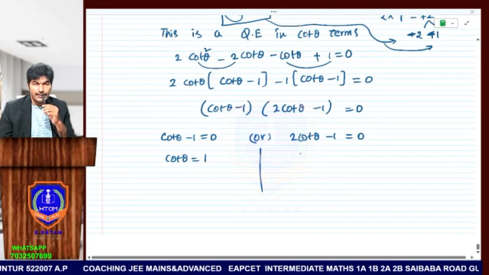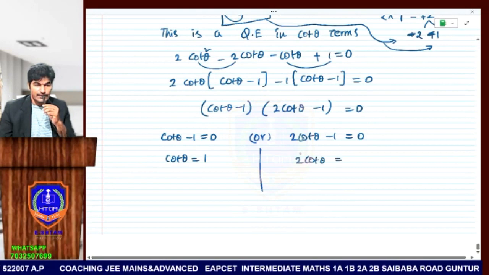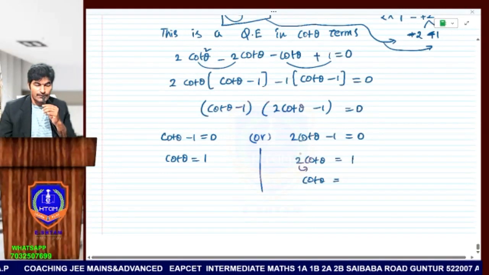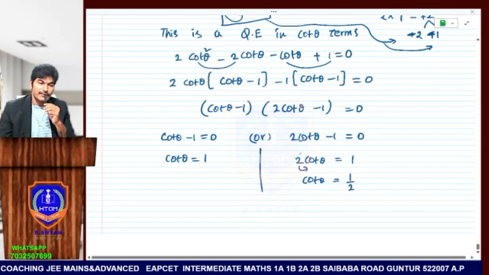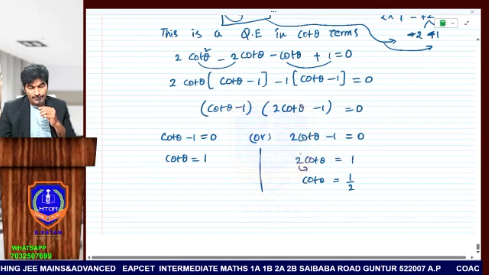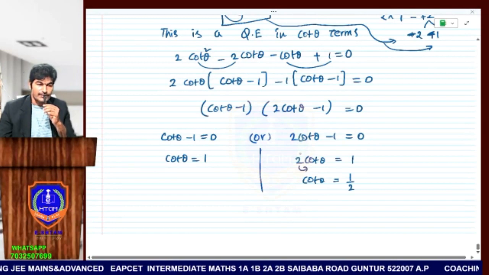And if 2 cot theta minus 1 equal to 0, then 2 cot theta equal to, move this minus 1 to the right hand side, then it is plus 1, and cot theta equal to, you can send this 2 to the other side. Actually, it was in multiplication. If you are sending it to the other side, it will be in the denominator position. That means 1 by 2 now.